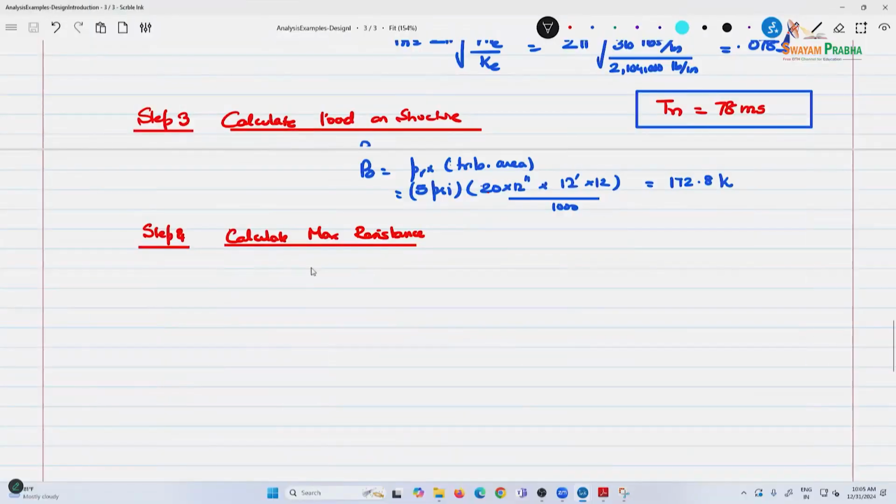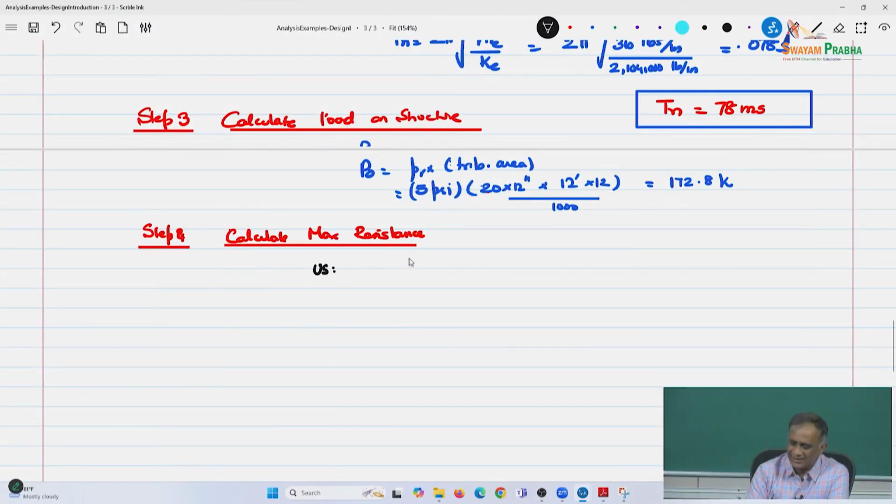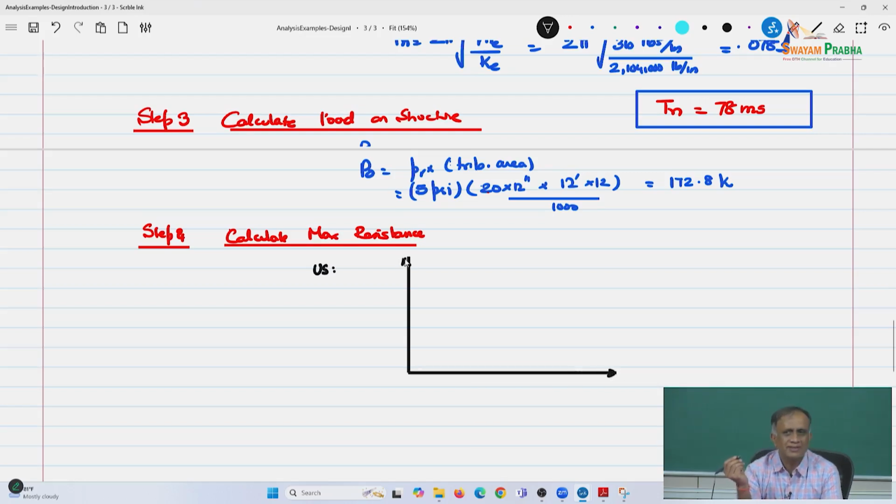Now the maximum resistance, I am going to do the simplified version, but in the US, and actually I will make a little tidbit corresponding to, I am sure you have design, who works in steel design here, anybody?